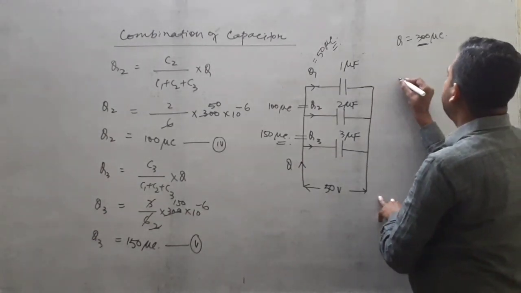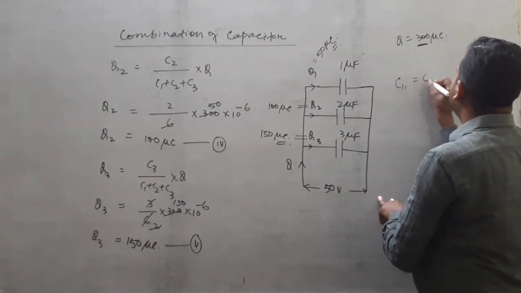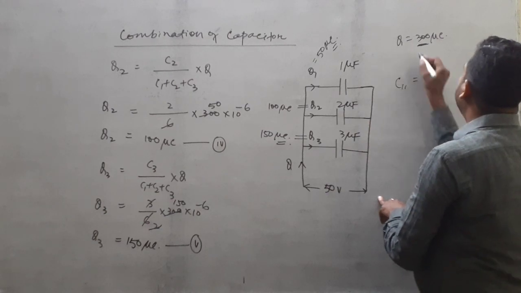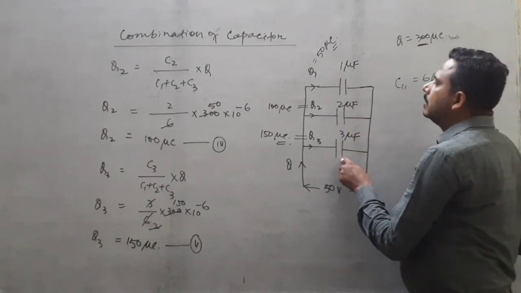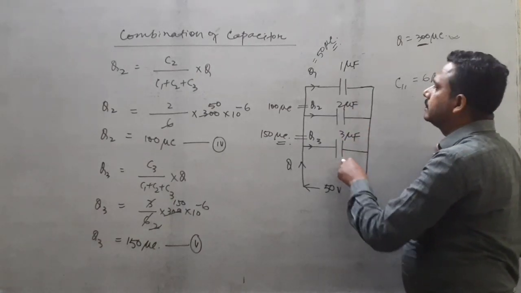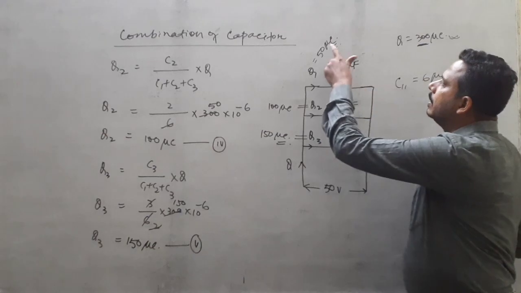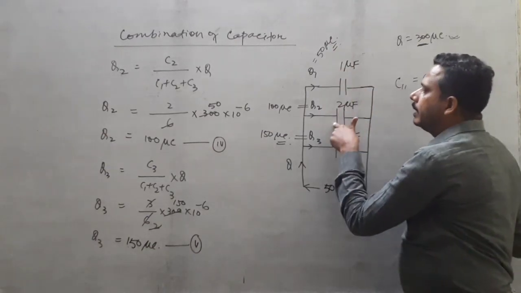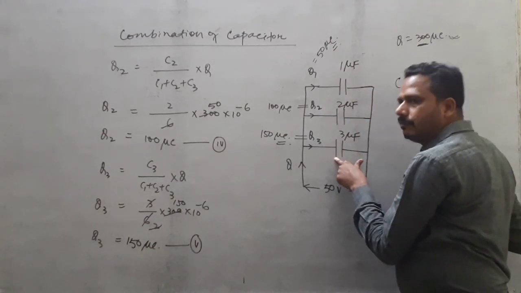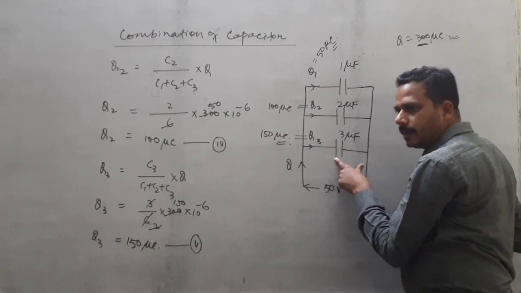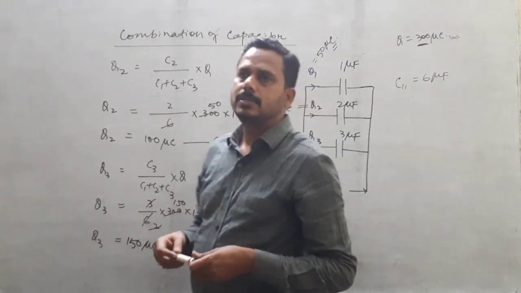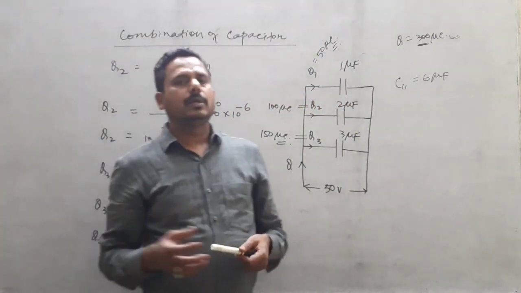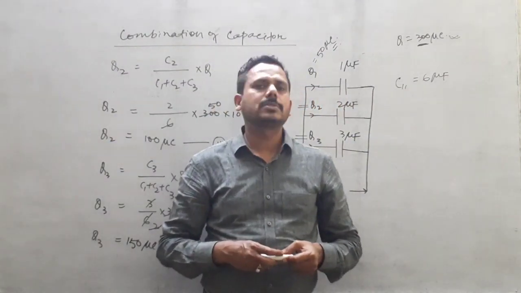So the net capacitance C parallel is 6 microfarad, the net charge is 300 microcoulomb, and each capacitor gets deposited with 50 microcoulomb, 100 microcoulomb, and 150 microcoulomb on its plates. This is the way you can find these things, and this is widely used in NEET and JEE. So just keep it in mind.